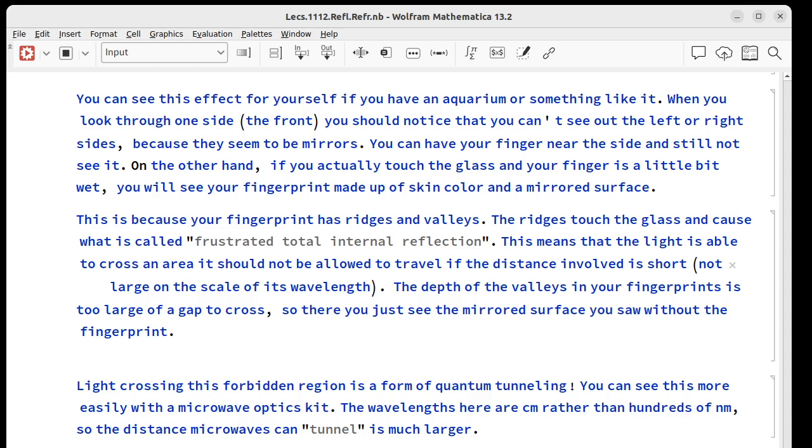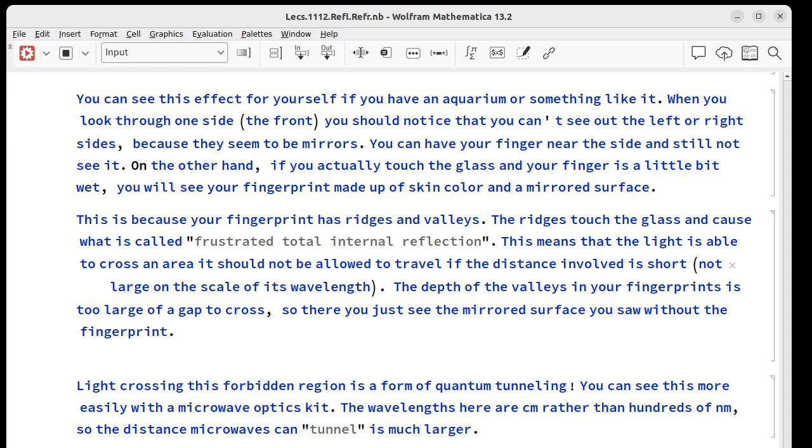You'll see a fingerprint made up of the color of your skin and what looks like a mirror. The reason for this is your fingerprint has ridges and valleys. The ridges touch the glass and they're the thing you can see, and they'll cause what's called frustrated total internal reflection. What that means is the light's able to cross this very skinny area, this thickness of water, between your finger and the edge of the tank, and it would not really be allowed to be there, but if the distance is really short, meaning not large on the scale of its wavelength, it can travel across.